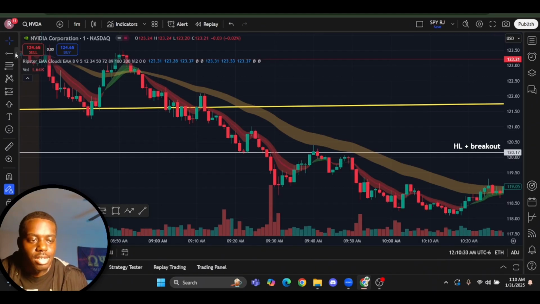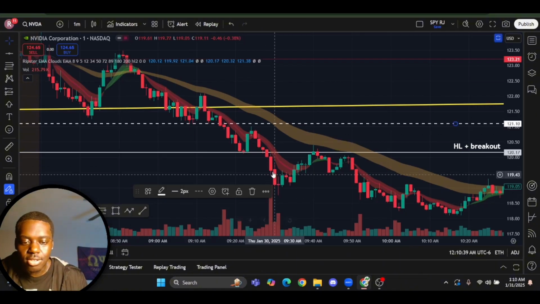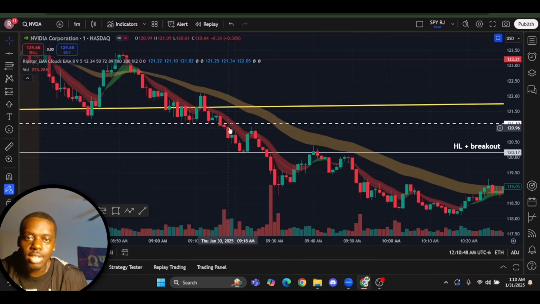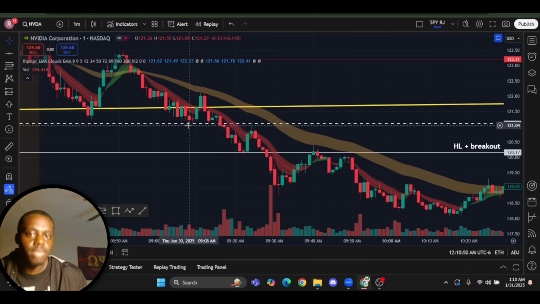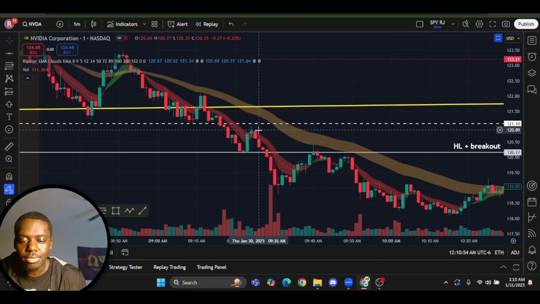And initially, I know I wanted my stop to be right up here because this would try to make a higher high right here, and this is the low of day, okay? So if it was to get back above the previous low of day, I would expect it to possibly try to trend back up. So as you can see, we just straight up broke down, right?